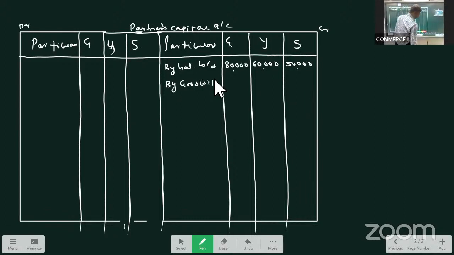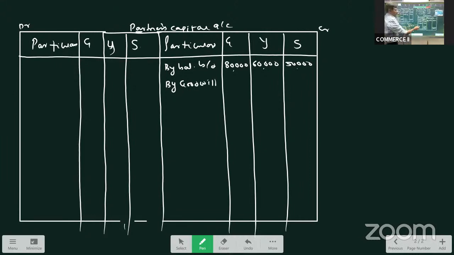We have prepared goodwill account where the value of goodwill was 36,000.